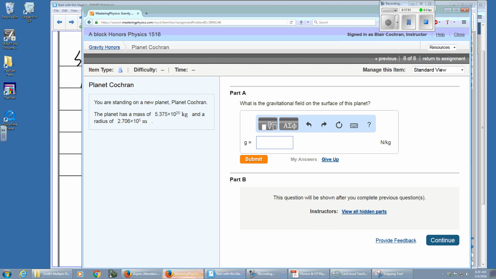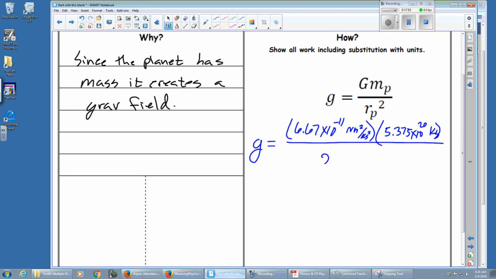And then the radius of my planet, which is 2.706 times 10 to the 5th meters. That quantity squared. I'm going to find out a value for little g and then check it.